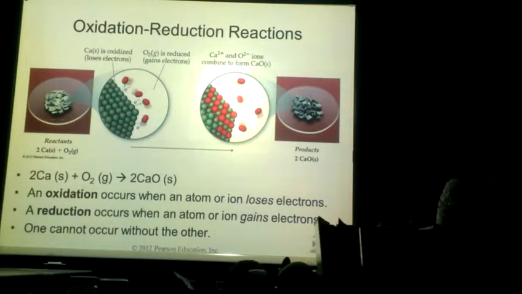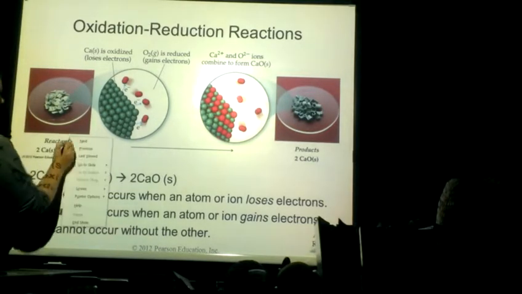So oxidation is where we're losing electrons. Reduction occurs when an ion gains electrons. So if something is losing electrons, something is going to have to pick those electrons up. So oxidation is loss, reduction is gain. There's a couple different ways that you can remember that.